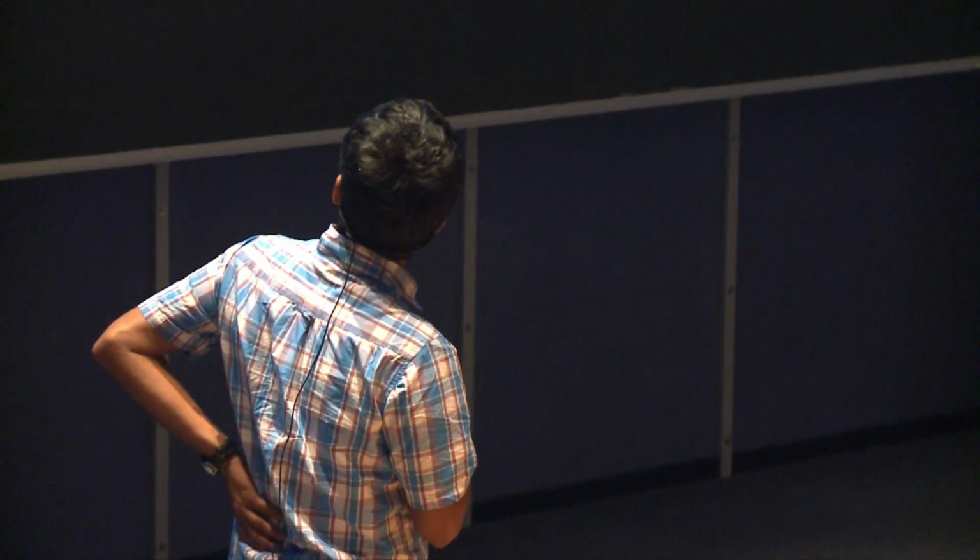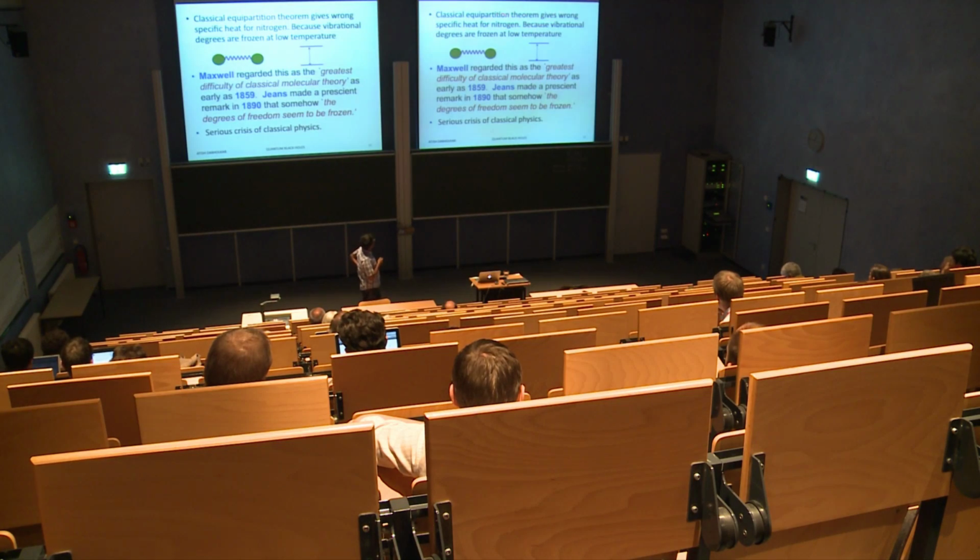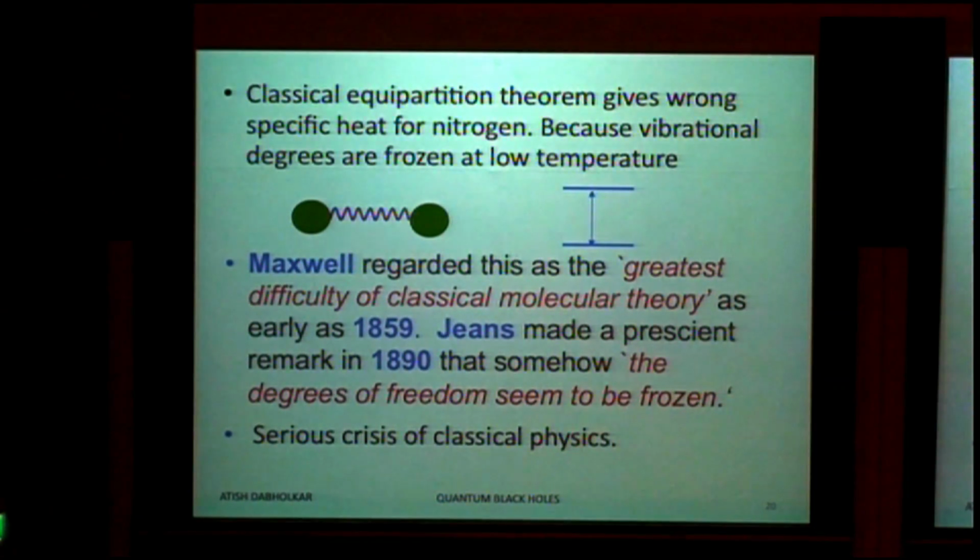An even more dramatic example of this is the classical equipartition theorem, which, as we know, is wrong. For example, for the specific heat of nitrogen, you get wrong answers if you apply classical thermodynamics and statistical mechanics, essentially because these vibrational degrees of freedom are frozen because of quantization at low temperature.